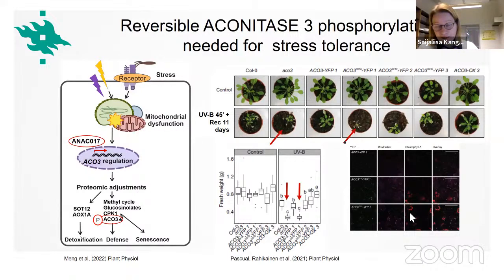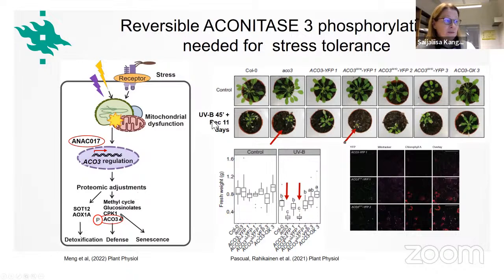But when we exposed these plants to stress, either UVB stress or antimycin A induced stress, we started seeing phenotypes in these lines. And here you see an experimental treatment with control plants. Again, all genotypes growing beautifully, no differences between them.